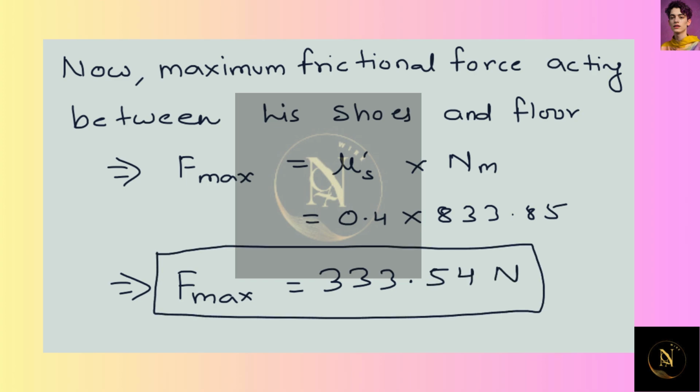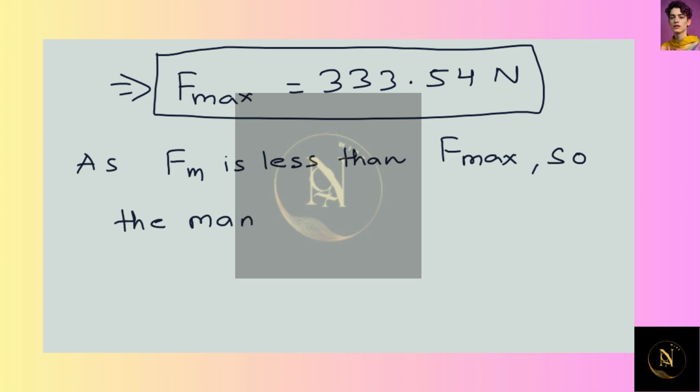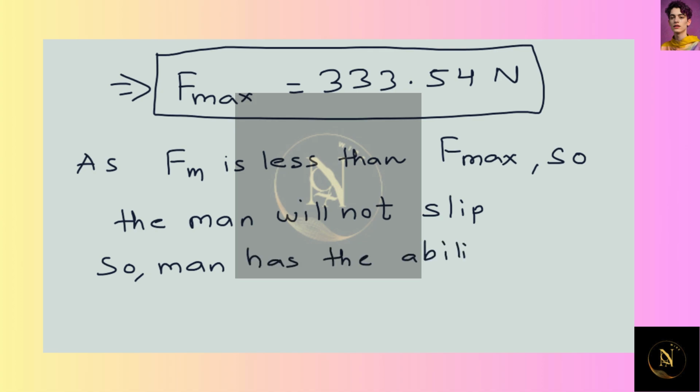So from this we can conclude that Fm is less than Fmax. So the man will not slip. So man has the ability to move the crate.